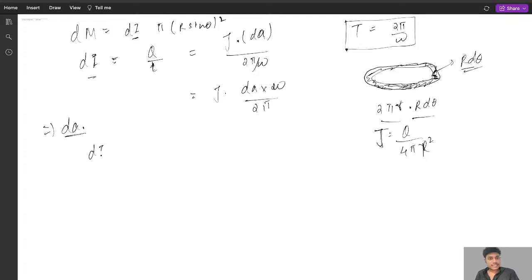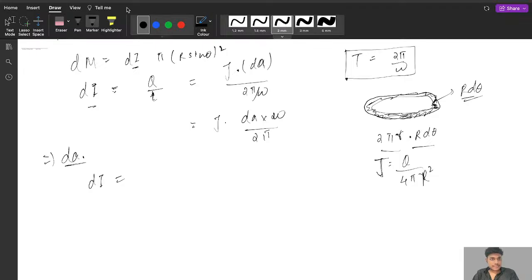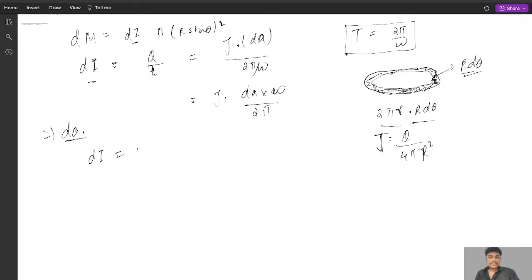From here we get di is equal to, one second, let me increase the thickness. Okay, this one is good. So from here we get di is equal to j, let us keep j intact, we put the value after the calculation. And what is dA?